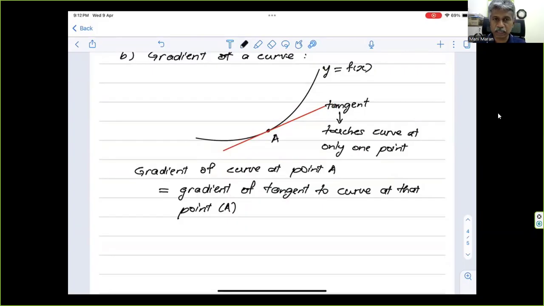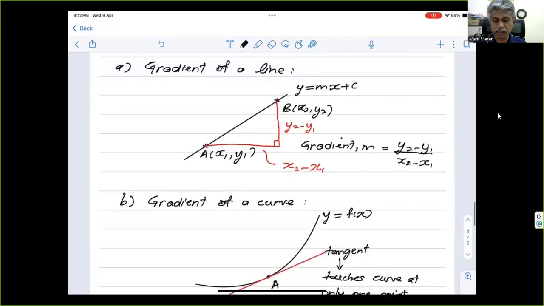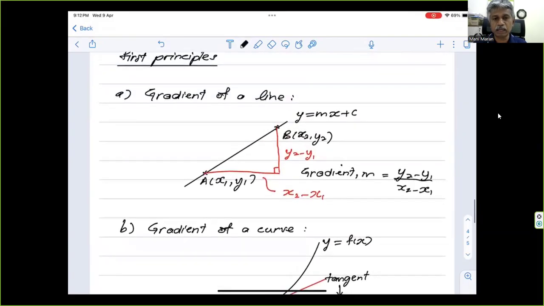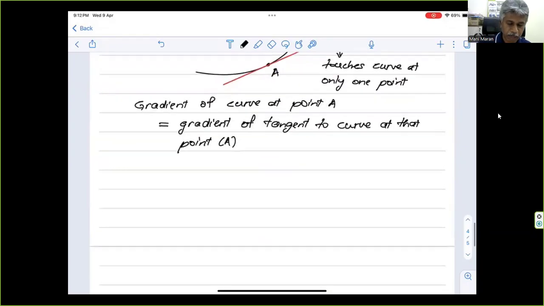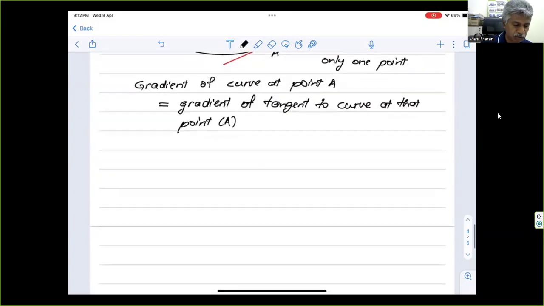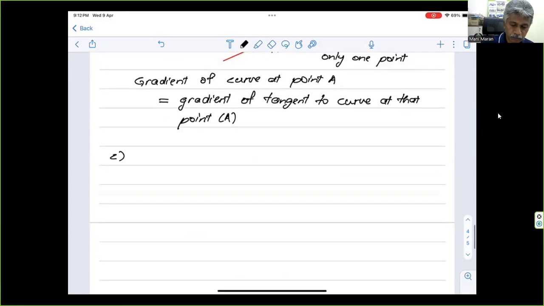The gradient of a straight line is quite easy to find. The gradient of a curve depends on the point. So we look at part C, how we are going to use limits to find the gradient of a curve at a point.